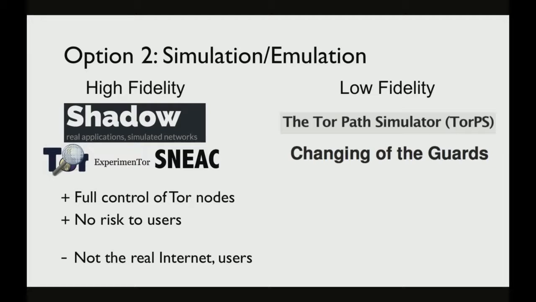And these provide full control over all the Tor nodes that you have, and you're not putting users at risk, so that's good. But of course, there's not the real internet underneath it. At best, you're getting some emulated network, and of course, you don't have real users.